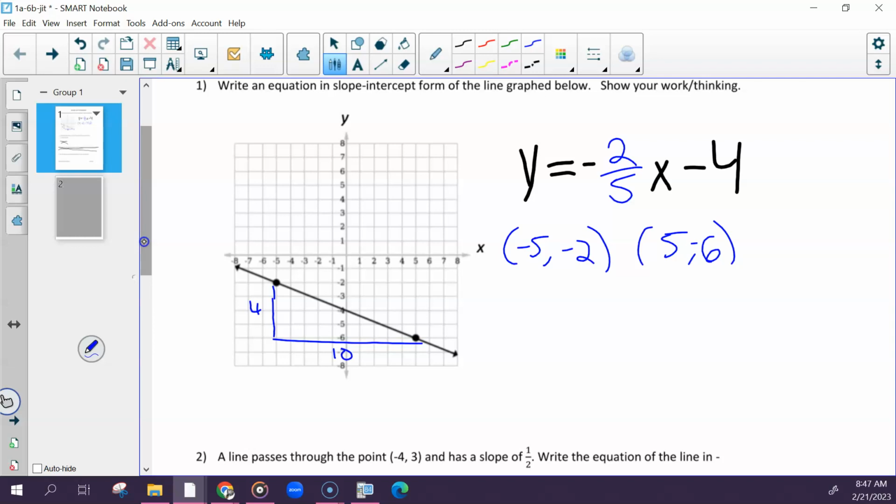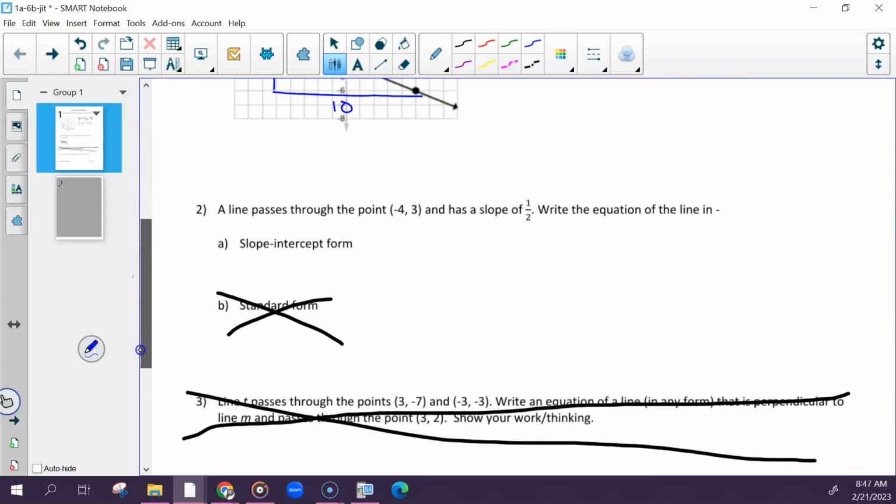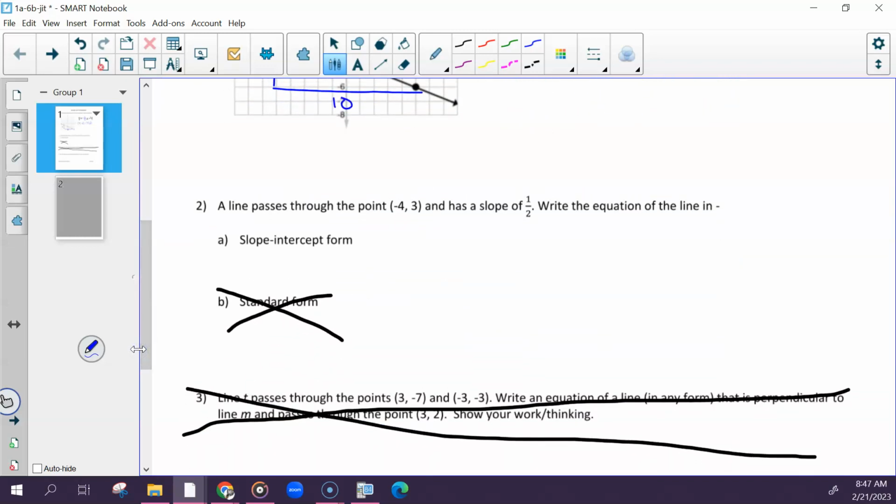Anyone want to do number 2? So this is a lot of what we were talking about last class and the class before that. You have a point, you have a slope, and I'm going to show you how you could do this one on Desmos.